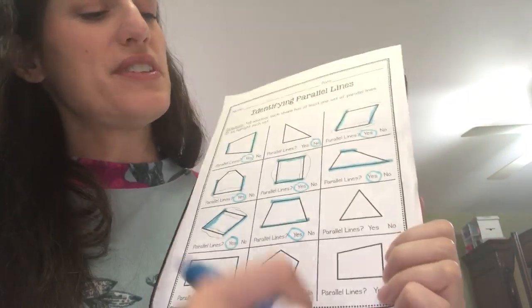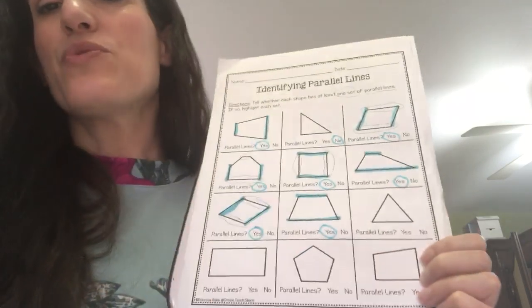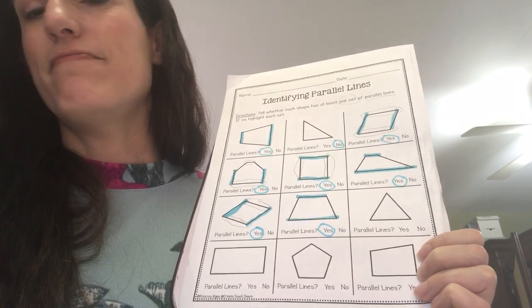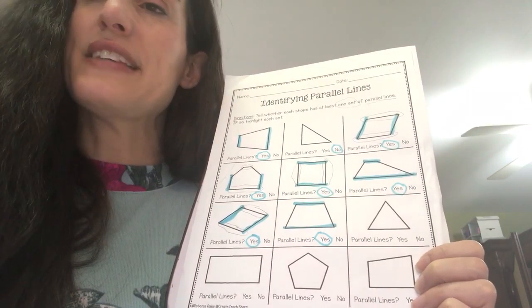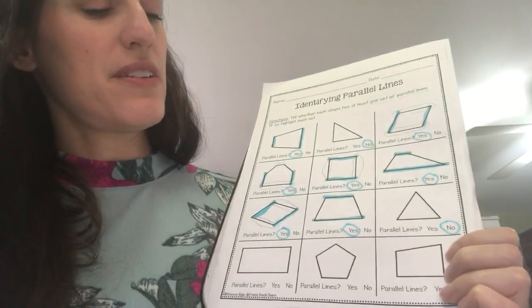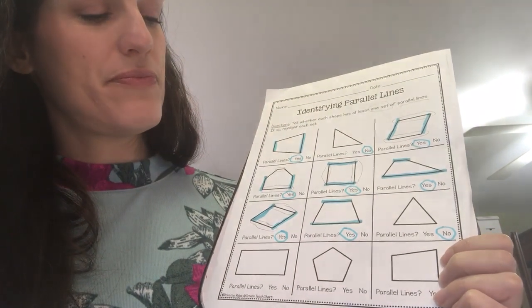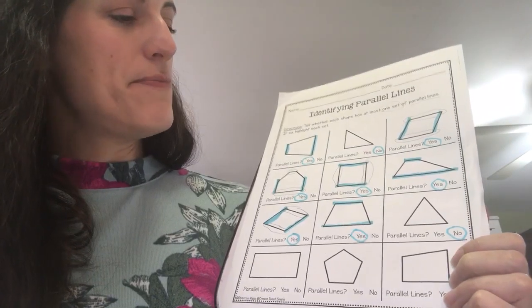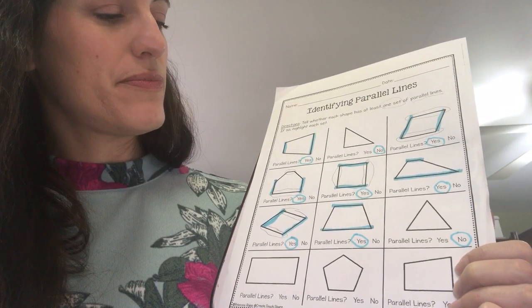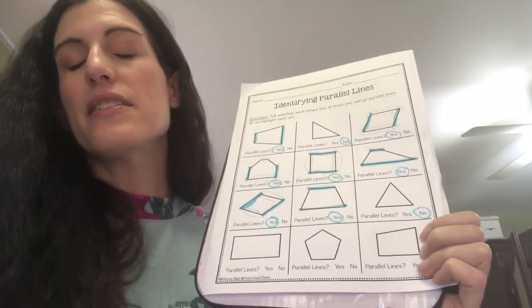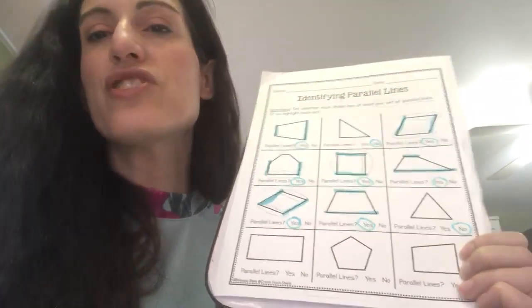Okay, move on to the next one. This one should be an easy one. No parallel sides for the triangle, no. All right, what about a rectangle? We haven't had a rectangle yet. The rectangle is like the square, but it's just stretched out.